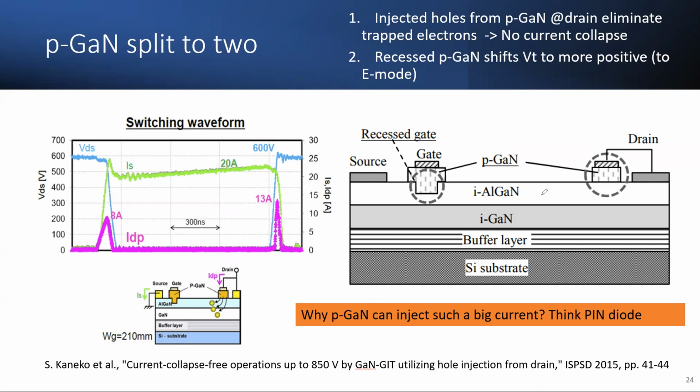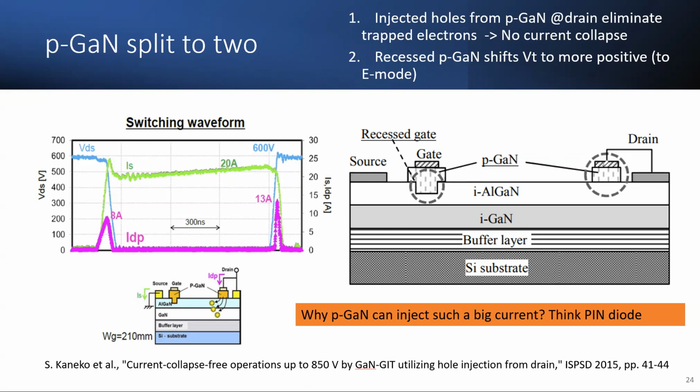And this is exactly what Panasonic did. They split the gate into two portions. And then you have the insertion of the intrinsic layer away from your GaN layer. This is for etch stop. And then you split the hybrid. That's what you call hybrid.